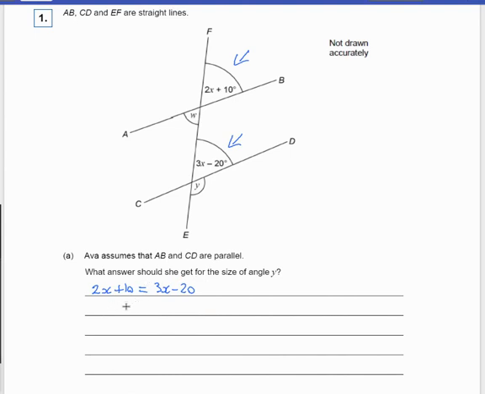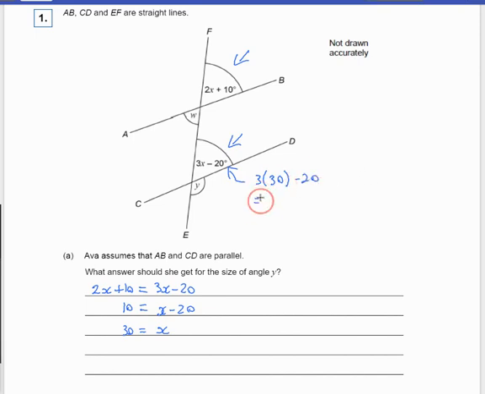We've got an equation, let's solve it. Taking away 2x from both sides, we get 10 is equal to x minus 20. Adding 20 to both sides, we get that 30 is equal to x. Now, that tells us that x is equal to 30, which means that this angle here is going to be 3 lots of, not x, but 30, because that's what we just worked out, minus 20.